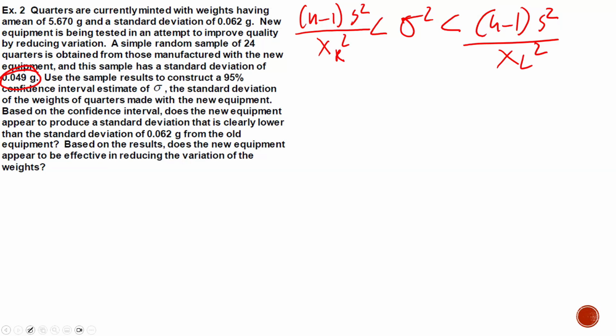Now they won't be the same, hence the standard deviation in weight. They're trying a new procedure, but they were only able to do it with 24 quarters. It seems the standard deviation is lower, but this is a sample standard deviation. We want to get a confidence interval around that sample standard deviation to see if it really is lower. You see what I'm saying?